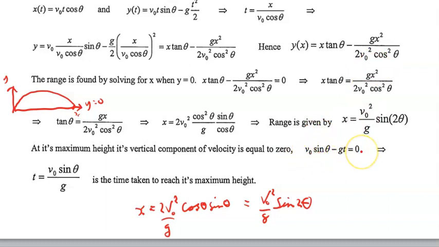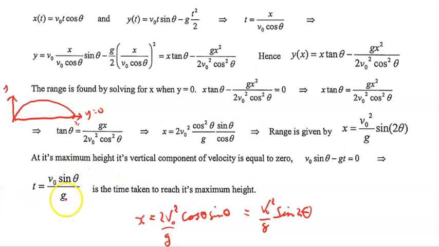Now at its maximum point, there's an instant in time where the upward velocity is 0, and then it begins to fall again. Just an instant in time, which means that component of the velocity vector must be 0. So v0 sine theta minus g t is 0. Solving for t gives us v0 sine theta on g, and that's the time taken to reach its maximum height.